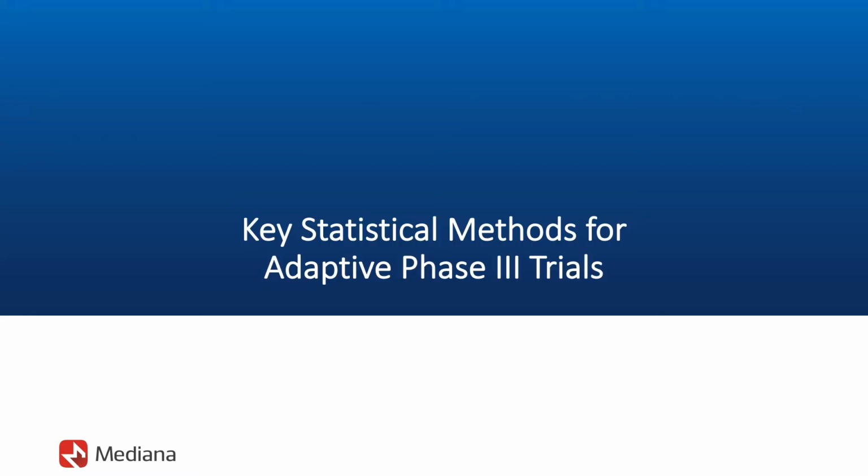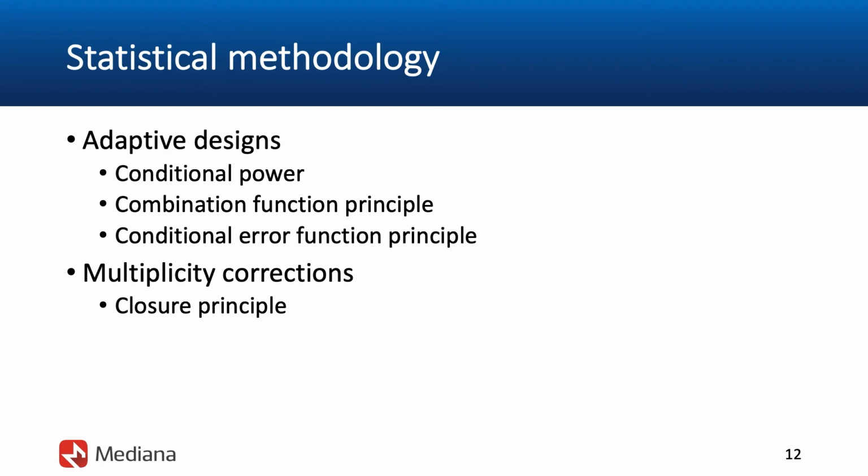It will be very important for us to introduce key statistical methods used in adaptive confirmatory trials or adaptive phase 3 trials. In this section, I'm going to introduce concepts that play a central role across different types of adaptive designs, including the 3 types of adaptive designs I defined earlier in this module. So once again, I'm going to introduce the concepts and provide quick examples.